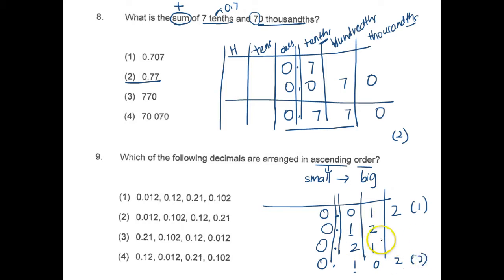So this will be the next one. Now we compare 0.12 to 0.21. We know that 0.12 will be the next smallest and 0.21 would be the greatest. So let's look at our options. 0.012 is number 1. 0.102 is number 2. 0.12.